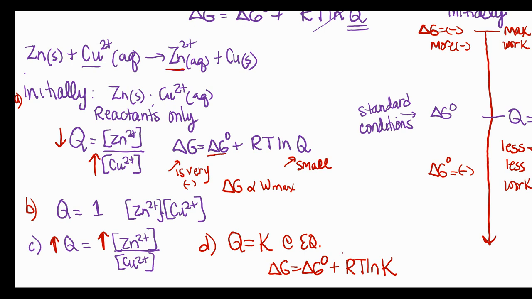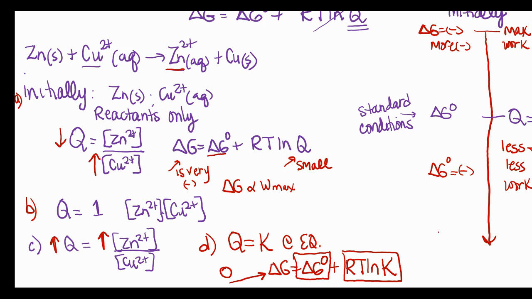But at equilibrium, this term has gotten so big that it matches the delta G naught value. What ends up happening is that this amount of work ends up being 0 because you reach equilibrium.